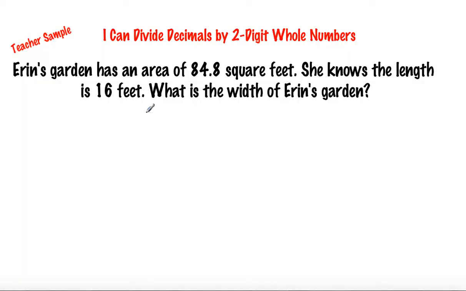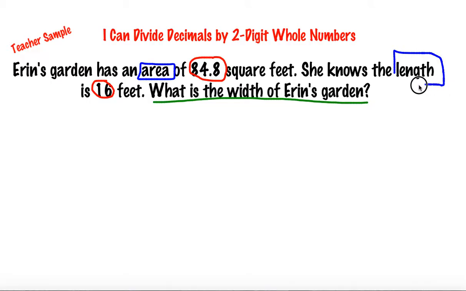which will stand for W. We don't know what W is. So let's look at this problem a little bit closer and start with our cubing strategy where we circle our key numbers. 84.8, 16. Going to underline the question. What is the width of Erin's garden? Boxing any keywords, boxing area because that'll tell us our formula that we need.